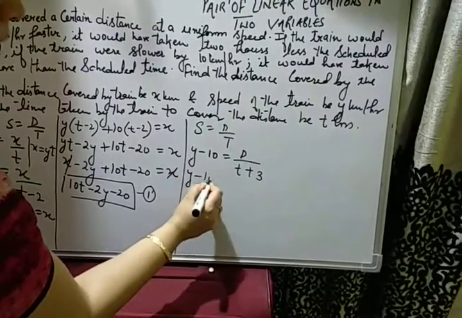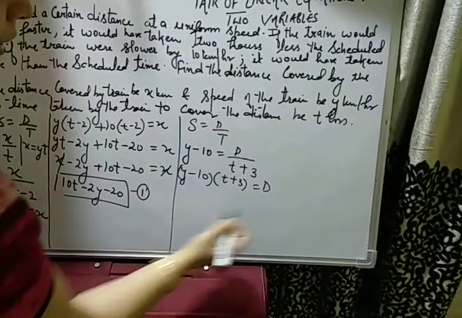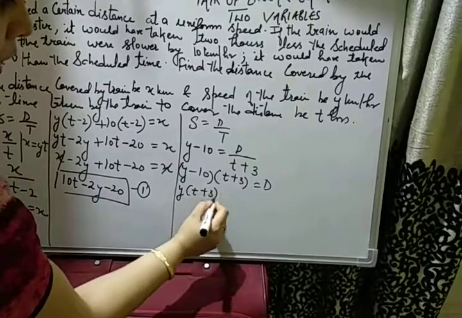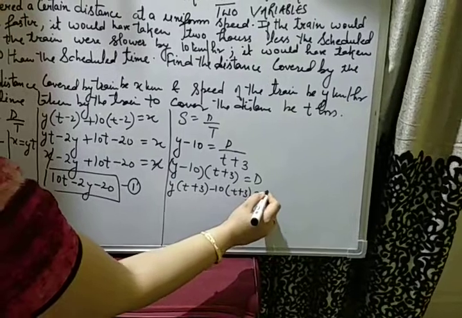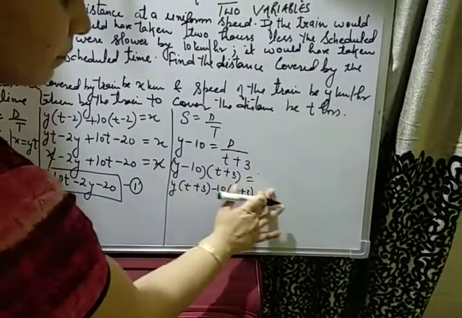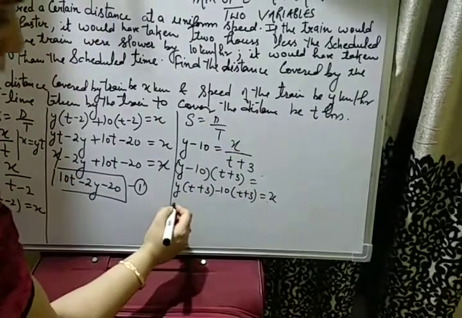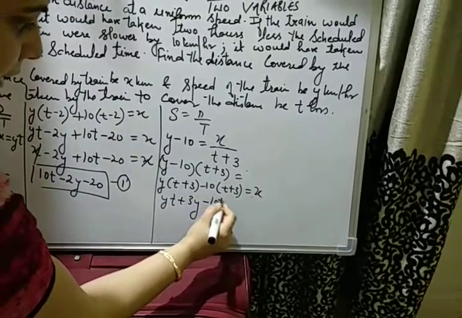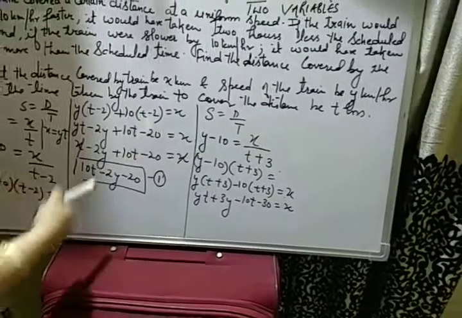Again cross multiply: y minus 10 into t plus 3 is equal to the distance, which is x actually. yt plus 3y minus 10t minus 30 is equal to x. Again yt is equal to x.